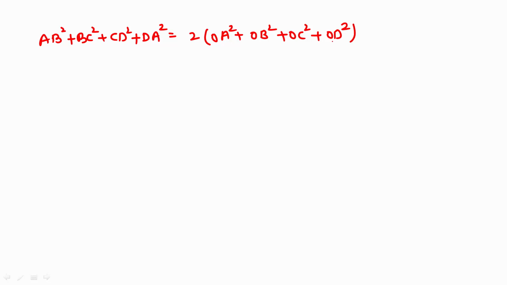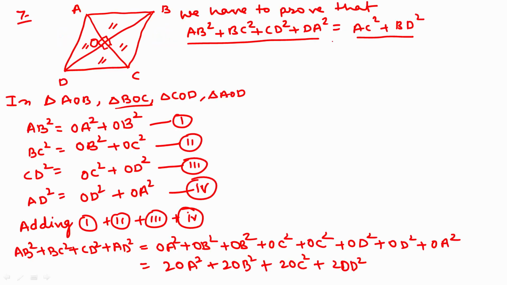Now you can see here, OA is equal to AC by 2 and OB is equal to BD by 2.